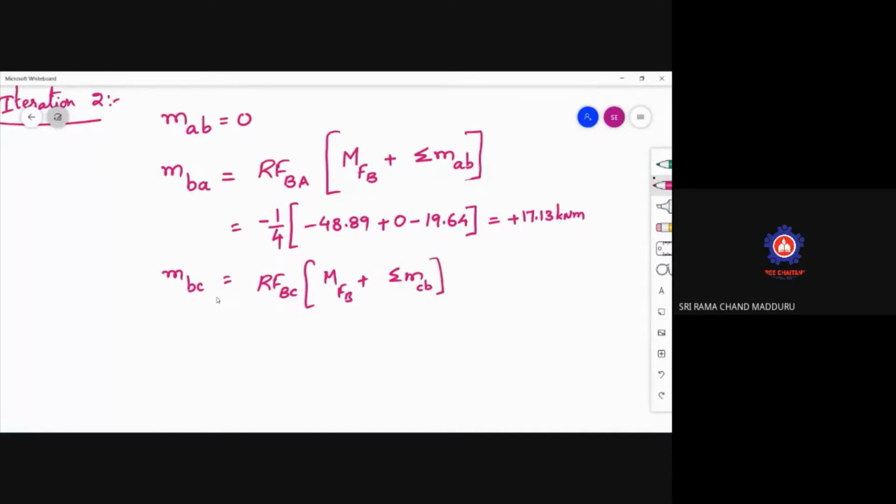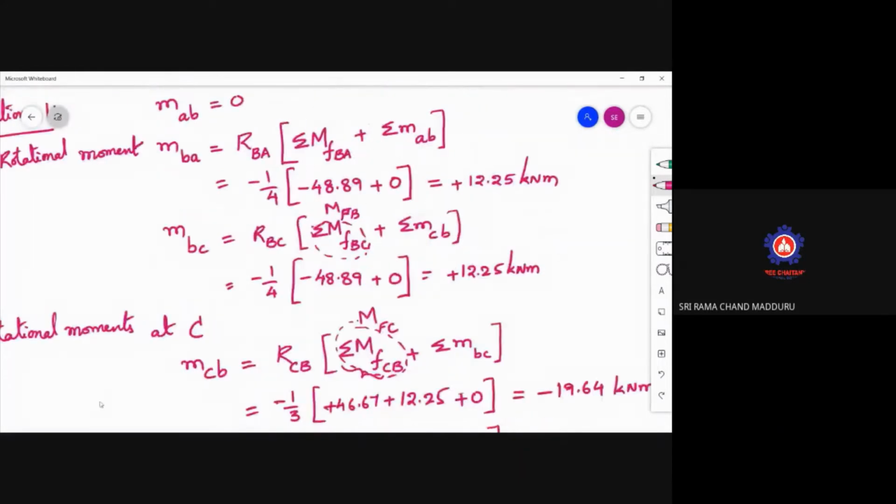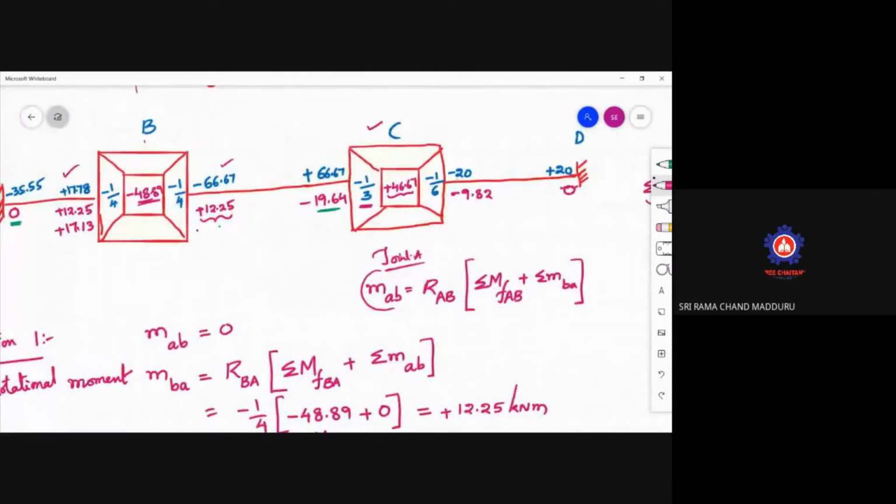Either sigma MAB or sigma MCB, both are the same, minus 1 by 4 into minus 48.89 plus 0 minus 19.64, which is plus 17.13 kilonewton meter. So go back there, plus 17.13 will substitute. Plus 17.13.